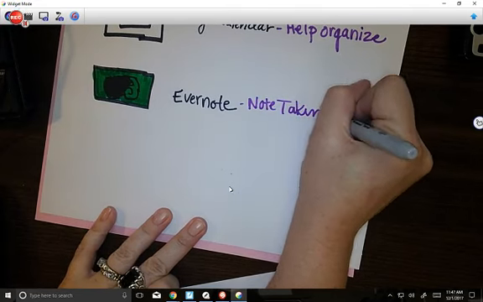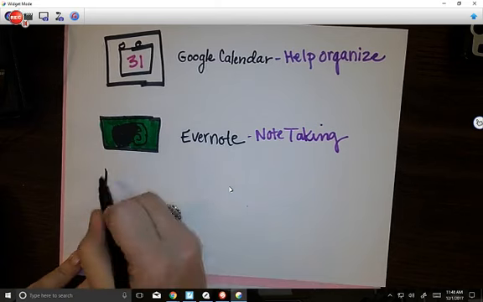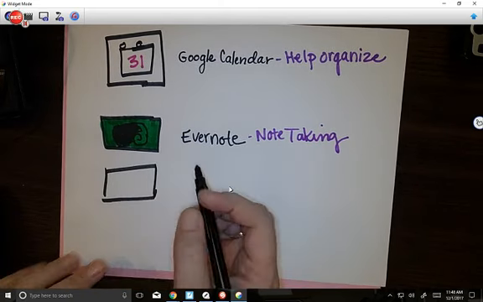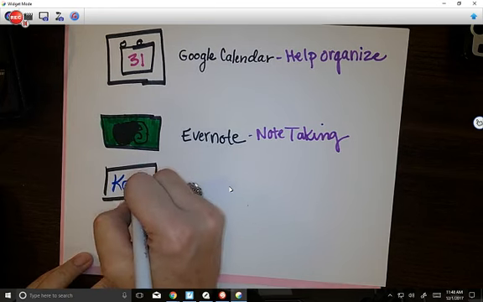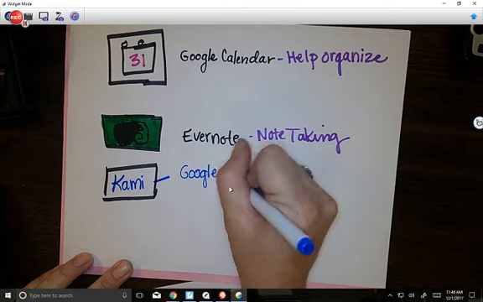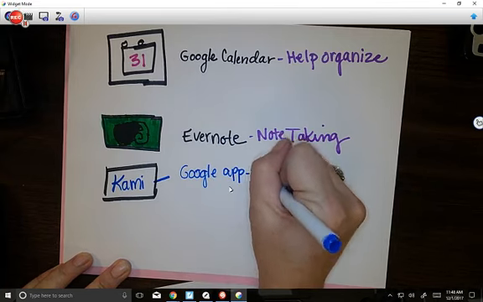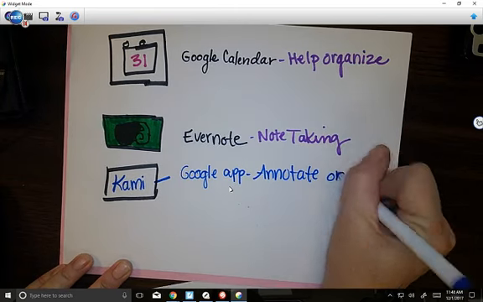And my real passion again is trying to have our classes on Concordia be meaningful. I was looking at Kami, which is a Google extension or a Google app that allows you to annotate on PDFs.